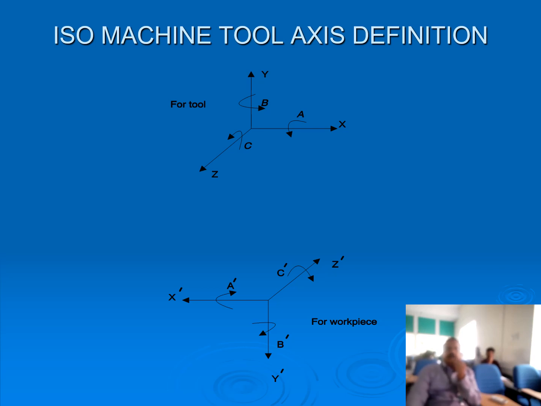Here we can see the axis definition for a tool. The top diagram shows the axes for the tool: y-axis is this, x-axis is this, and z-axis is this. Similarly, for the workpiece, you can see the negative side of x, the bottom side of y and the right side of z. That is how we have defined the tool axes.